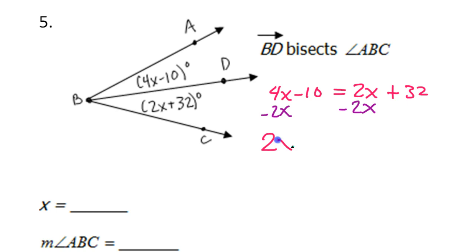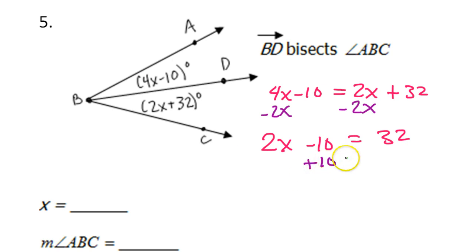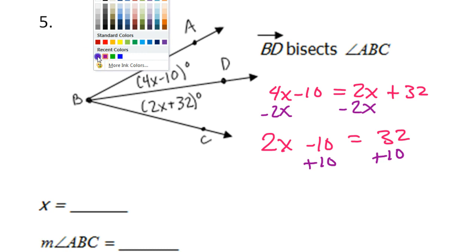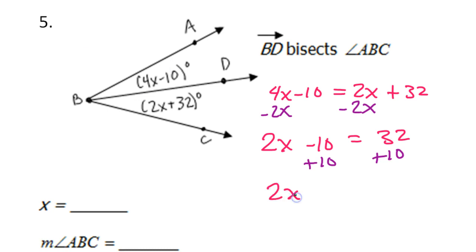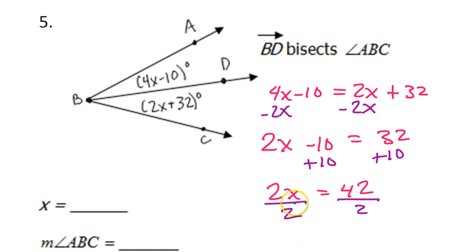So that'll give me 2x minus 10 is equal to 32. Then let's add 10 to both sides. And that's 2x is equal to 42. And then we'll divide both sides by 2. So x is equal to 21.